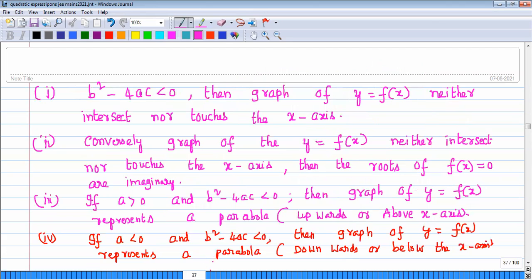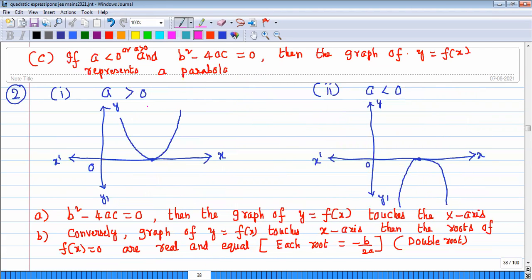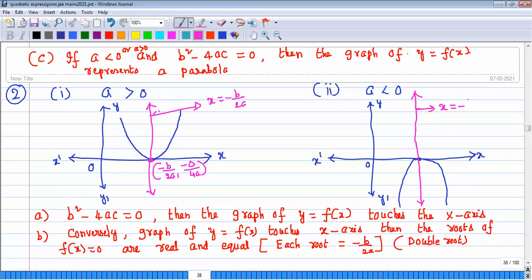Similarly, in the second case also, the same thing happens. For example, this is the symmetrical line, parallel to the y-axis, and the equation of this one is x is equal to minus b by 2a. So the coordinates of the vertex are minus b by 2a, comma minus delta by 4a. Can I write like this, in a simple manner? Yes, sir. So now this is also symmetry. Here the equation is x is equal to minus b by 2a.